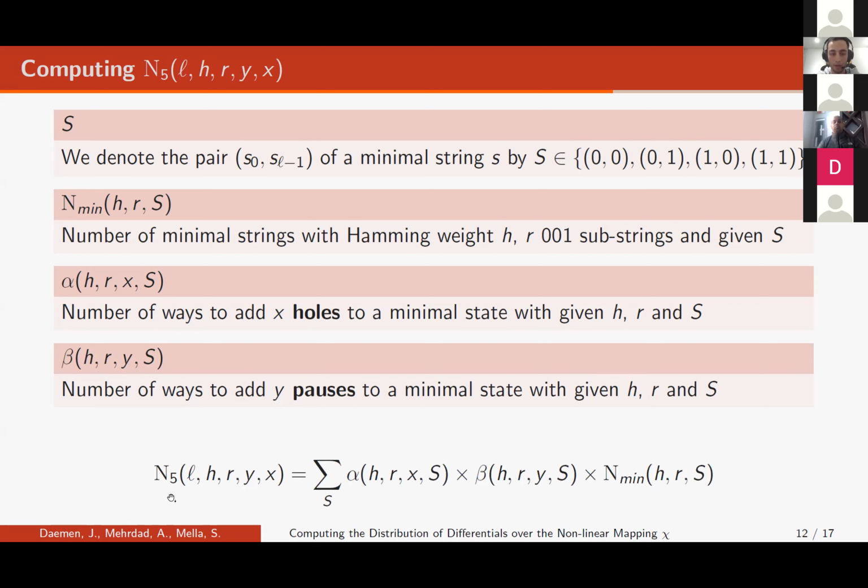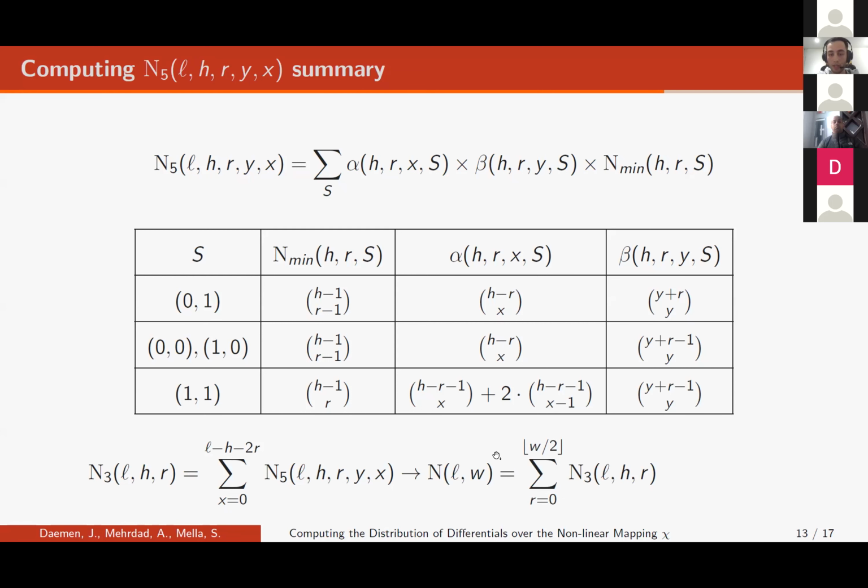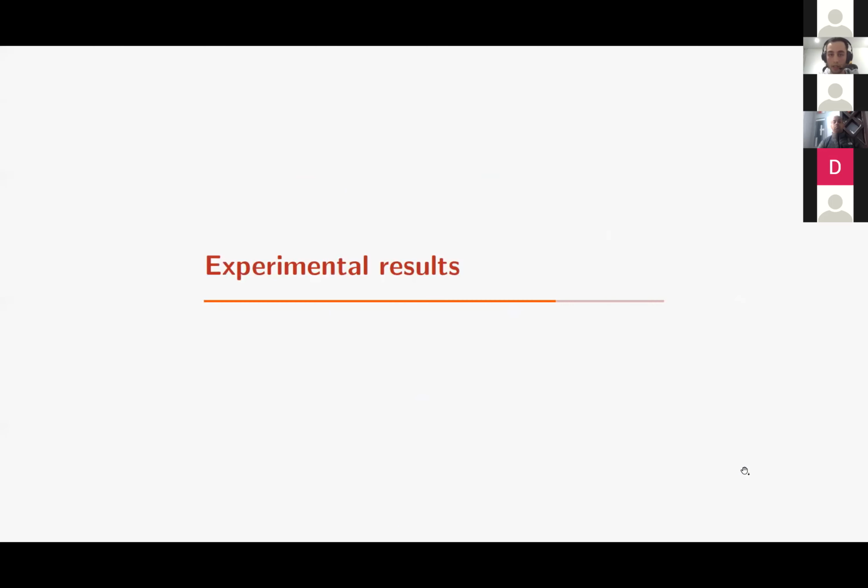And after all, we can compute the N5 by having a sum over all minimal strings to which we can add pauses and holes. So I will not go into detail, but this is how this function looks like. You can read it in the paper. So from N5, we can compute N3, and from N3, we can compute N, and from N, we can compute the number of differentials over G.